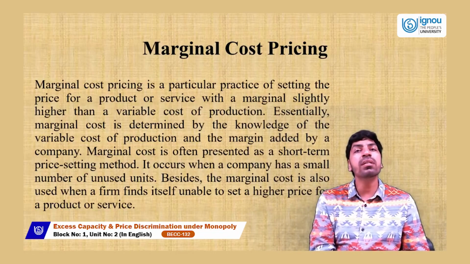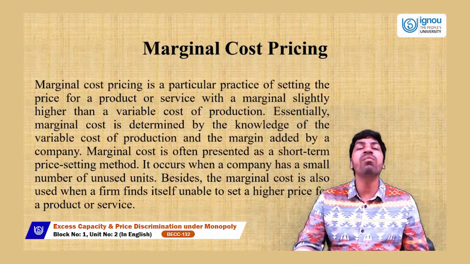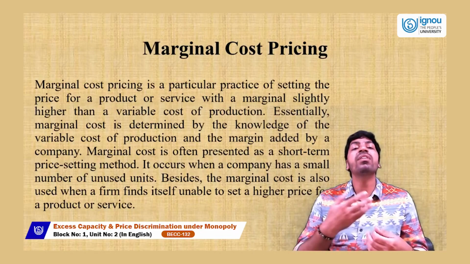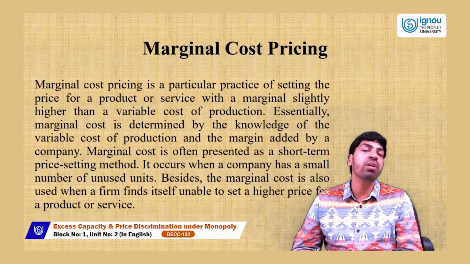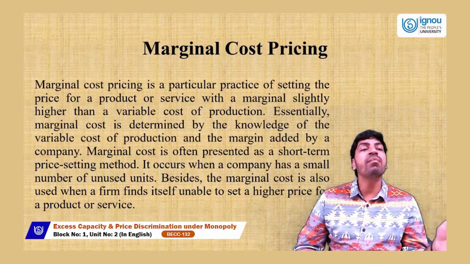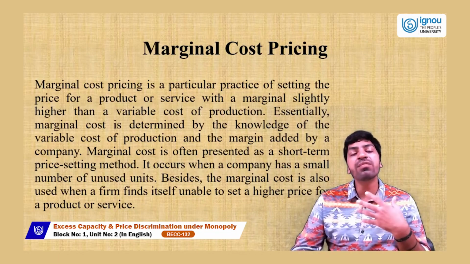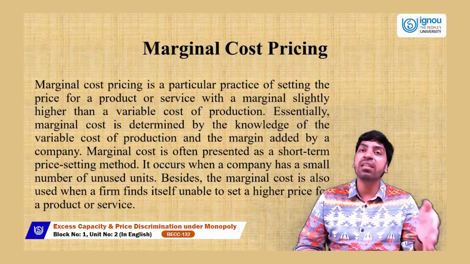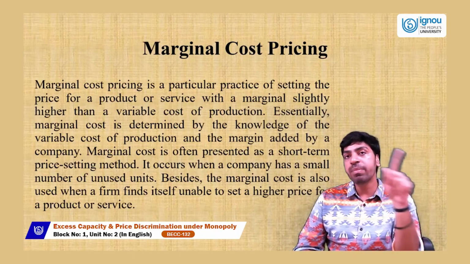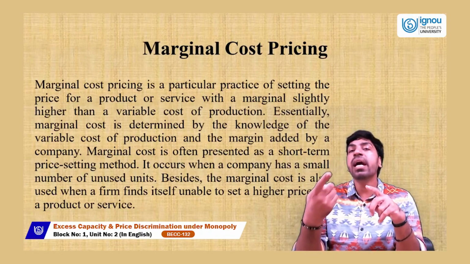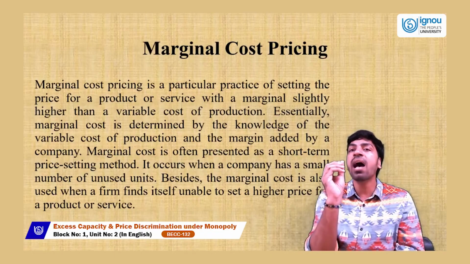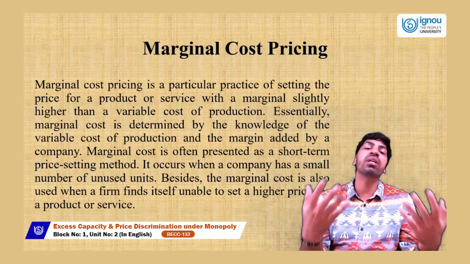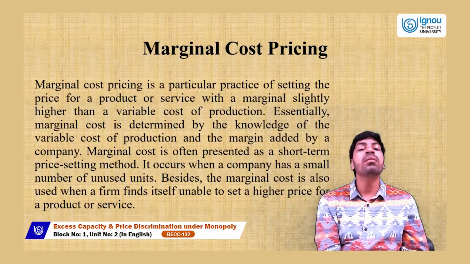Accordingly, the marginal cost curve is used, where the firm finds that the product could be offered at a higher price. So if any firm decides on a higher price for its product, it has to check whether the marginal cost of that product is slightly higher than the variable cost or not. That is called marginal cost pricing.